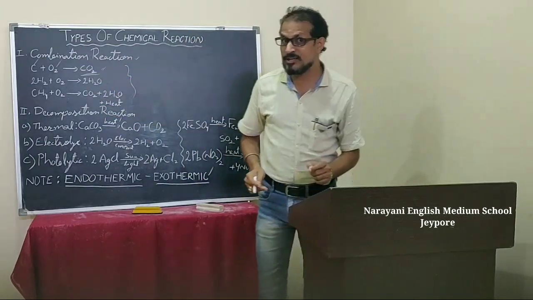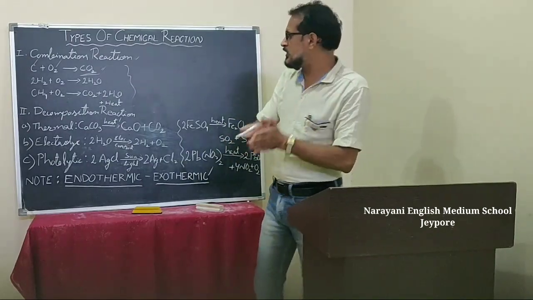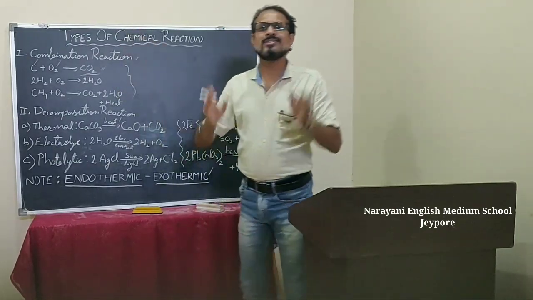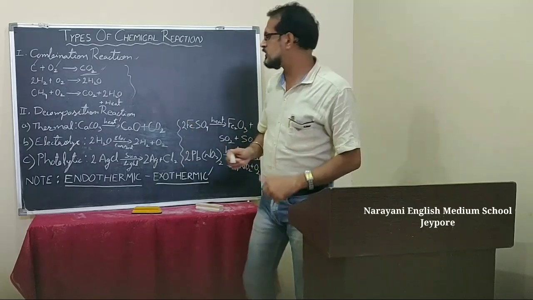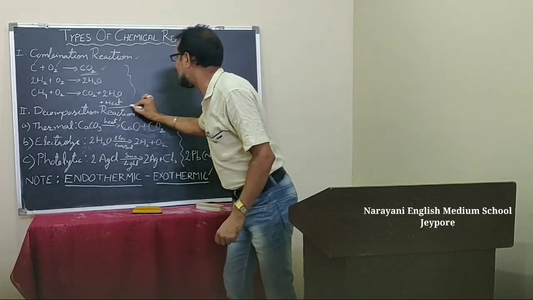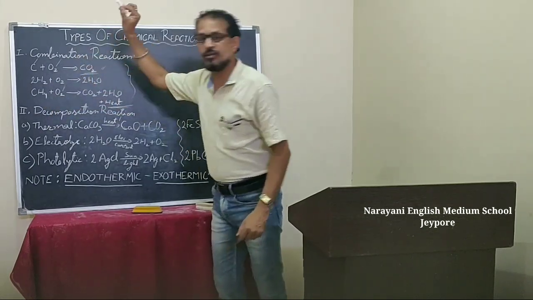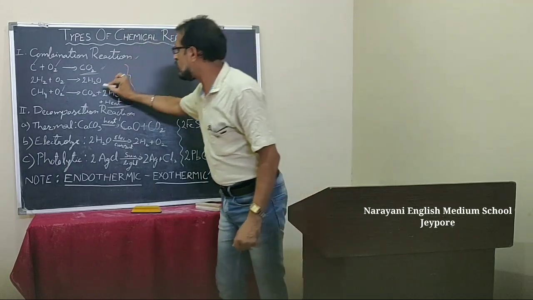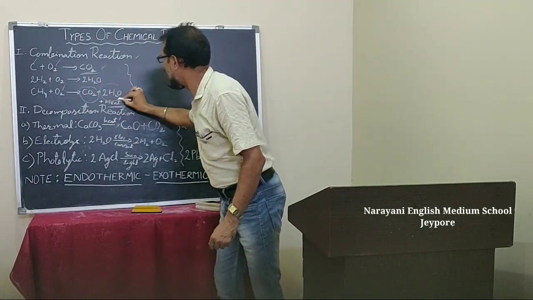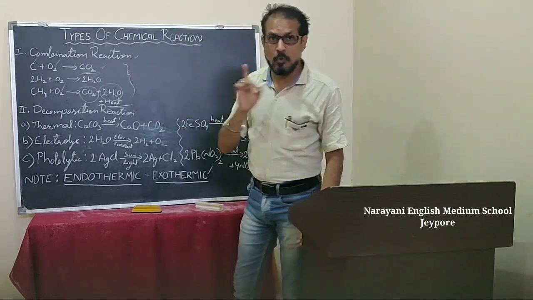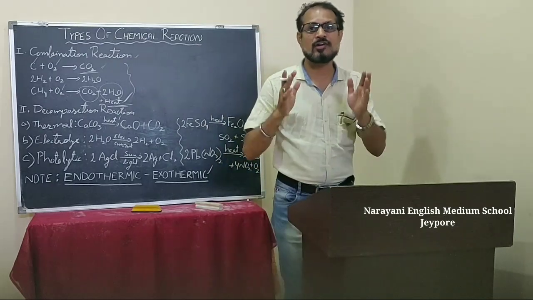So in a combination reaction, what happens? Two or more substances combine together to get a few substances. It may be one, it may be two, it may be three. One thing to take into consideration: when CH4 reacts with oxygen, we get carbon dioxide, we get water, and one more thing, heat is evolved in that reaction.